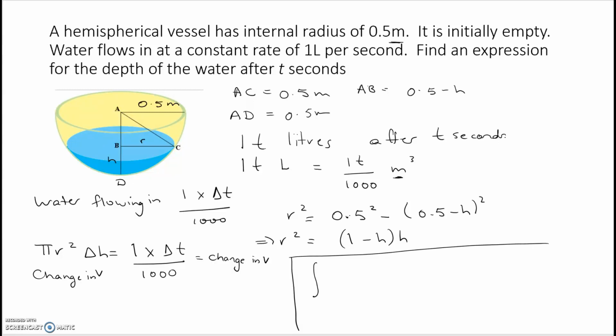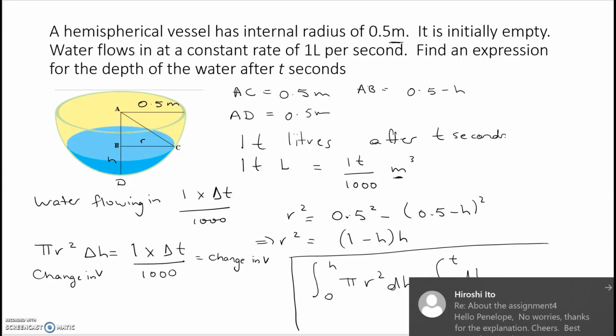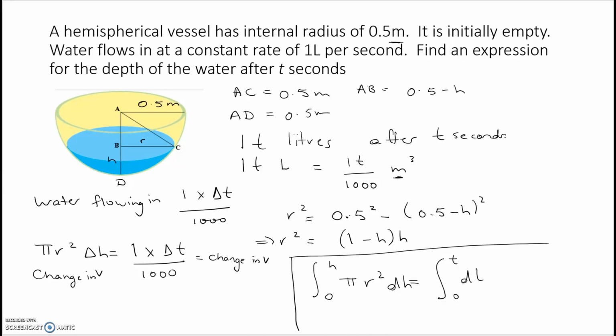So we're looking for the integral between 0 and H of the volume formula, pi R squared dH, and we know that that must be equal to the same thing on the other side, between 0 and T of dt over 1,000.